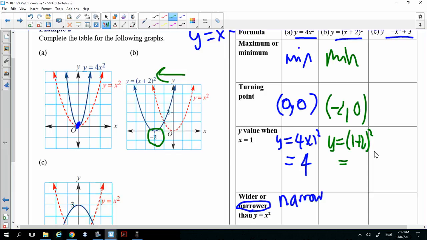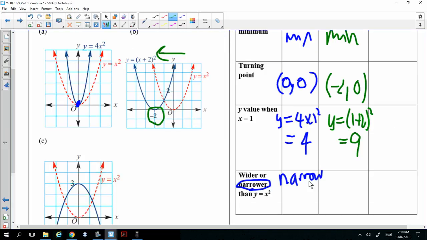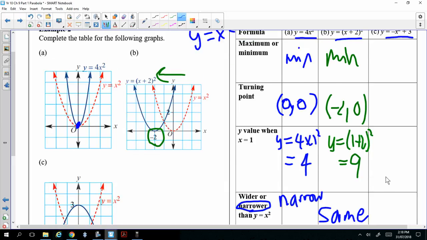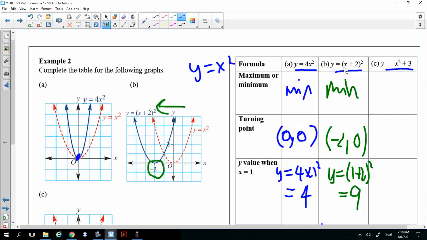Say again? What did you get? 9. Okay, good. So when x equal to 1, y equal to 9. Is that more narrow or wider? It's actually the same. So basically, if there's no number here, it doesn't make it more narrow or wider. It's the same graph, just translated to the left.